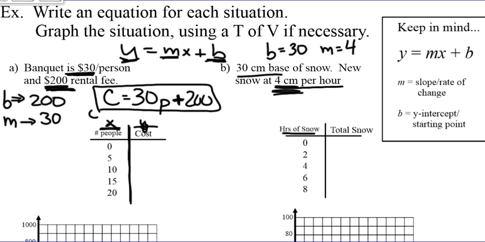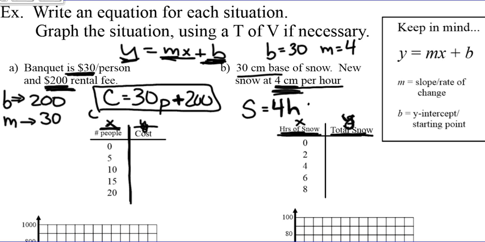How much snow is there? Well, x is the hours of snow, but my resultant y is the amount of snow. So what does y represent? The amount of snow on the ground is going to be mx, slope, times x, which is the number of hours. 4 centimeters times however many hours it snows for.